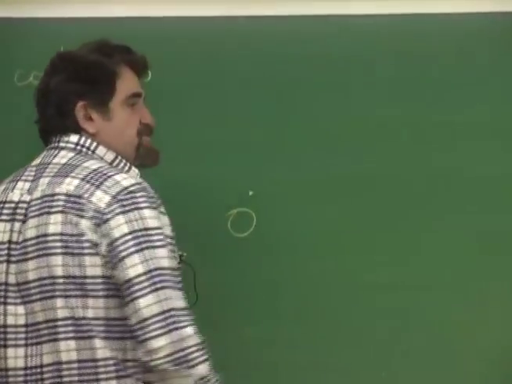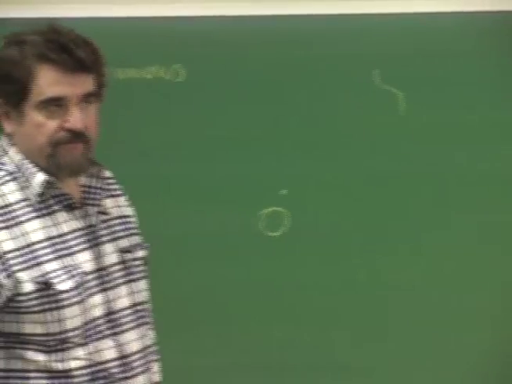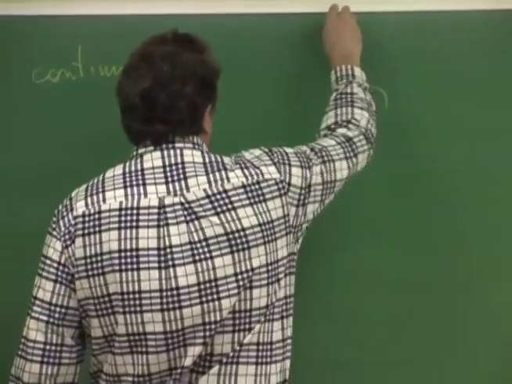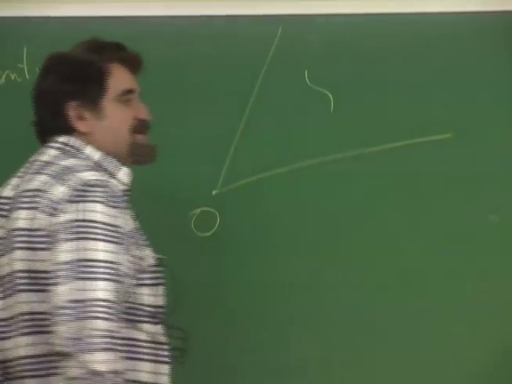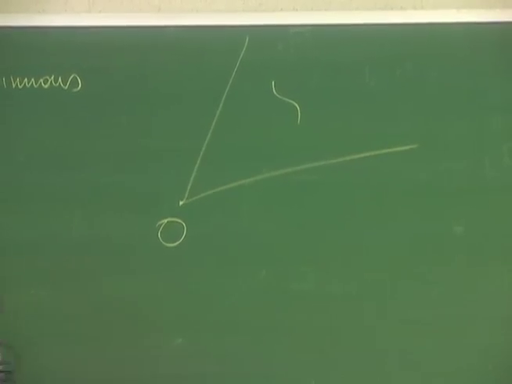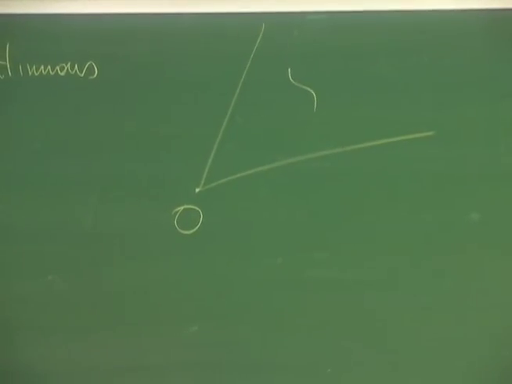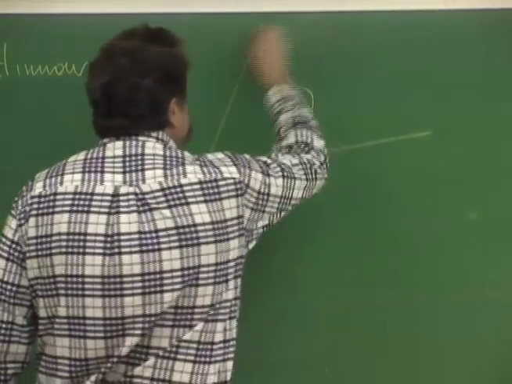This is the origin, and imagine we have a small piece, a very short piece of curve. So short that it can be within some cone. Then within this cone we can very well define the notion of the polar angle for all points in this cone.